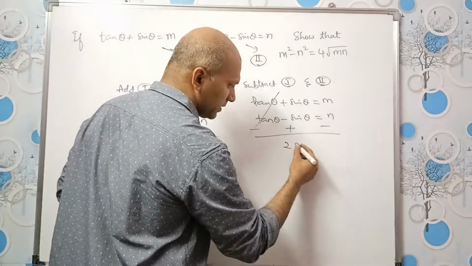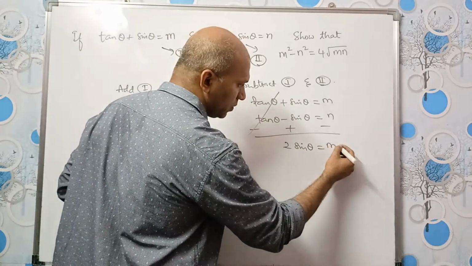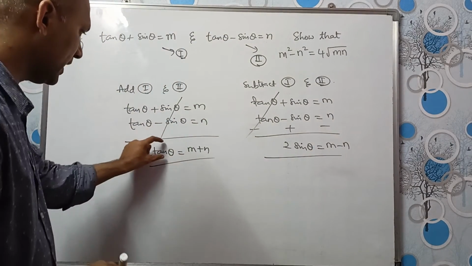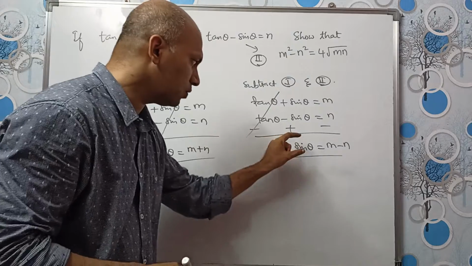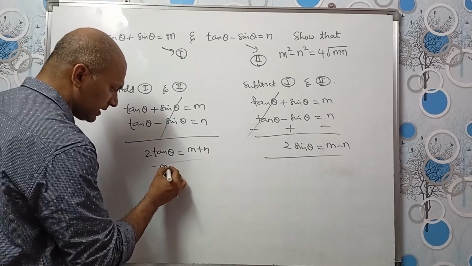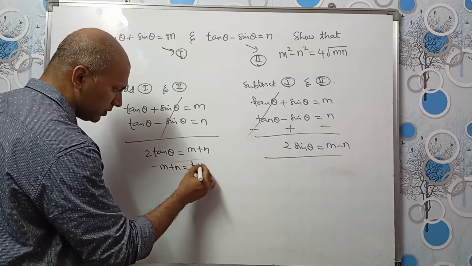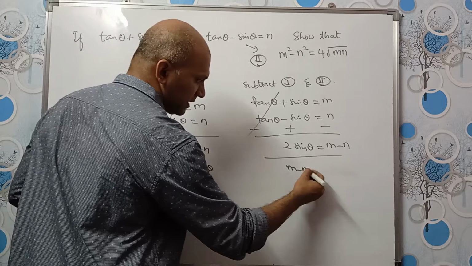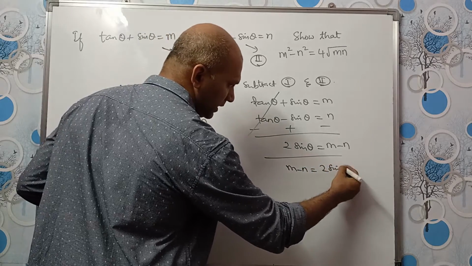Sine plus sine is 2 sine theta is equal to m minus n. So we have these two equations now. 2 tan theta is m plus n. 2 sine theta is m minus n. Can we write this as m plus n is equal to 2 tan theta? Yes. And this as m minus n is equal to 2 sine theta.